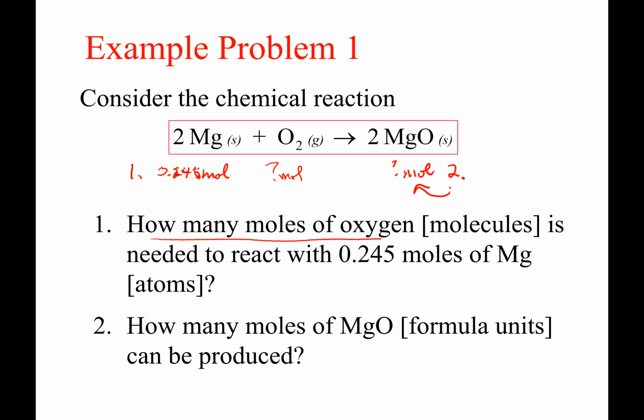And that's based upon 0.245 moles of magnesium and sufficient O2. So working the second problem, if we want moles of magnesium oxide to cancel, what units will go in the bottom, the next term? Moles of magnesium oxide, yep.